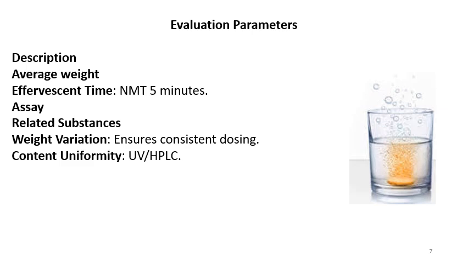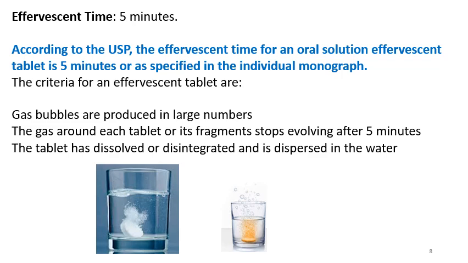So depending on the formulation, these evaluation parameters are there. Effervescence time is the main parameter for effervescent tablets and it is not more than 5 minutes. So generally with effervescent tablets you will get effervescent time of around 1 to 3 minutes.